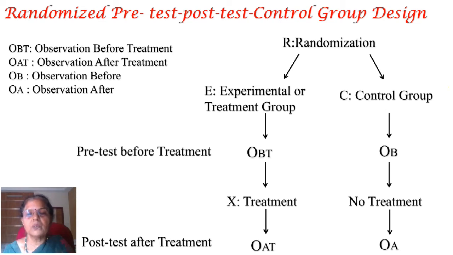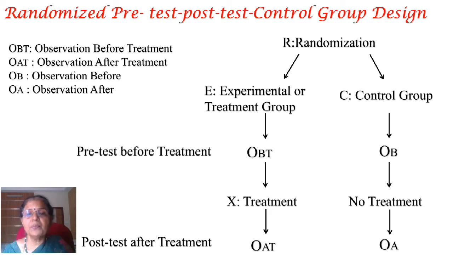Now, the other group, the control group, is not going to receive this treatment. That is, the students in this control group are not going to use dictionary in the English language class. And that is why it is called control group. And this group is used only for comparison purpose.